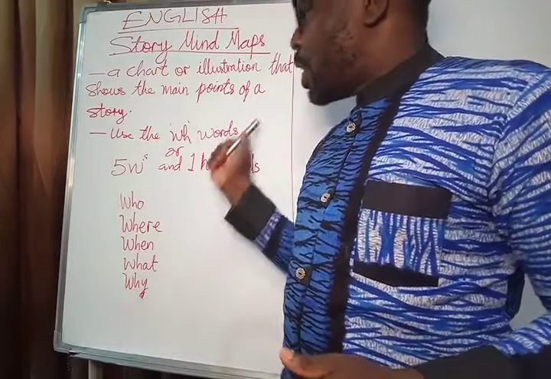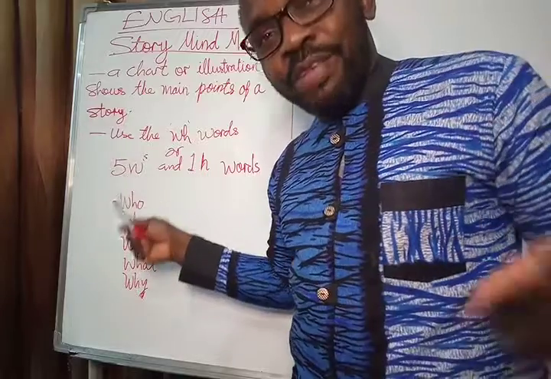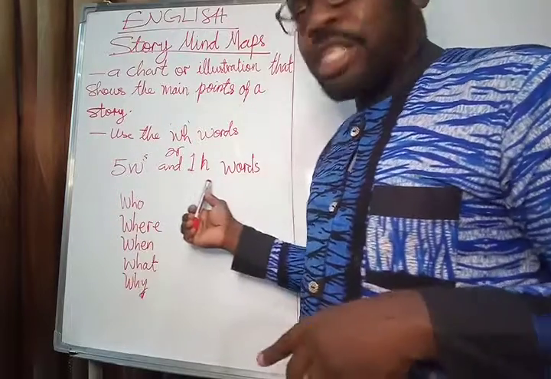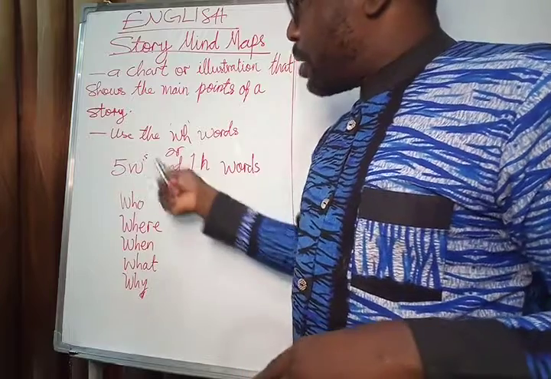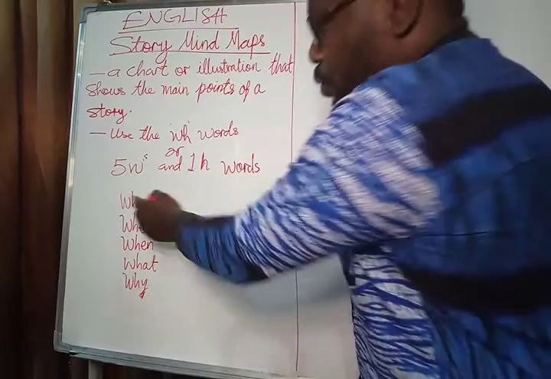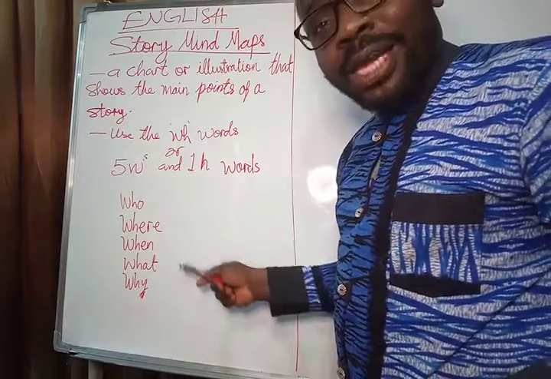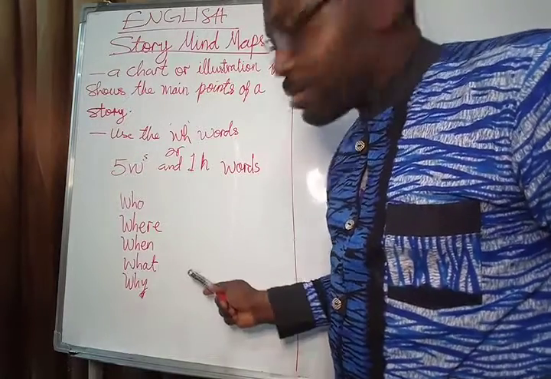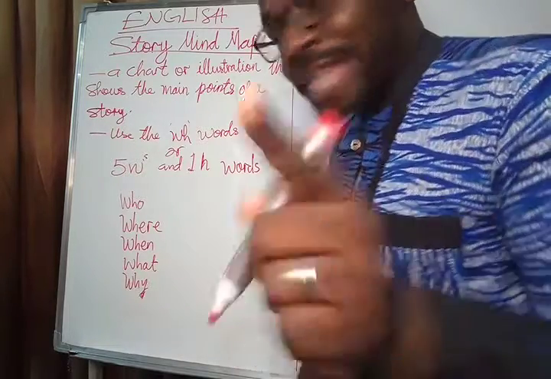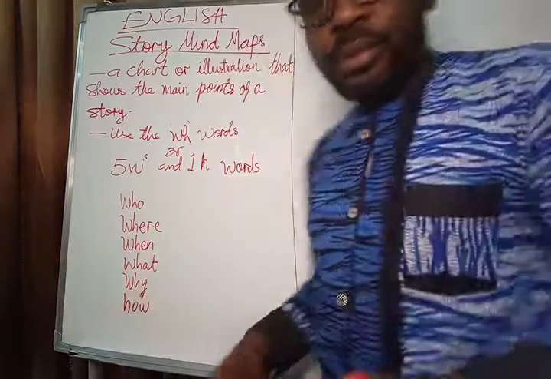Why I use WH words is that most of them begin with WH, all except one that begins with the letter H. So the easier way to put it will be 5 W's and 1 H. The first W is who. The next one is where. Next, when. Next, what. The fifth one, why. And the H word is how.